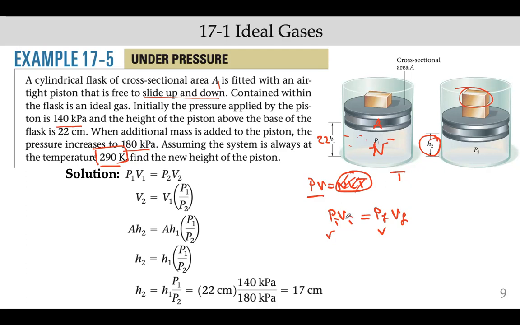Now I have to go from the volume to the height. How do you do it? Well, this is a cylinder. The volume is area times H. So the initial volume is area times H initial, and the final volume is area times H final. In fact, these areas cancel out. The initial height is 22 centimeters, that's given. What's unknown is H final, or H2, same thing. And you can find it from here, which turns out to be 17 centimeters.